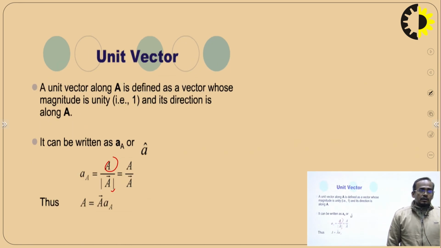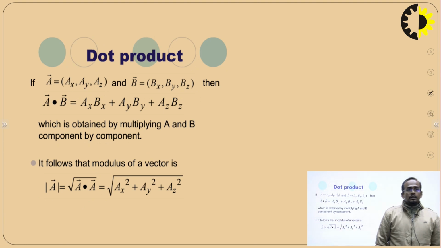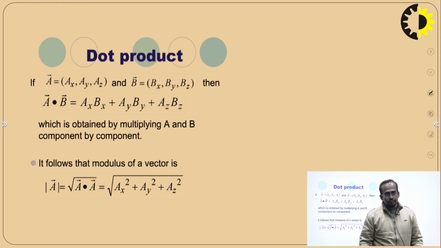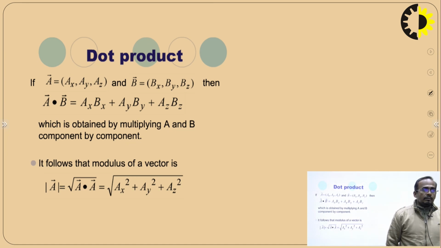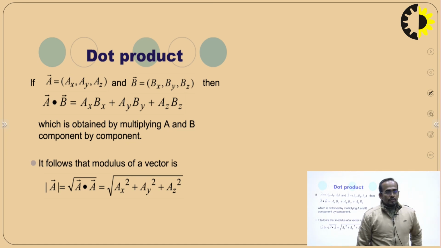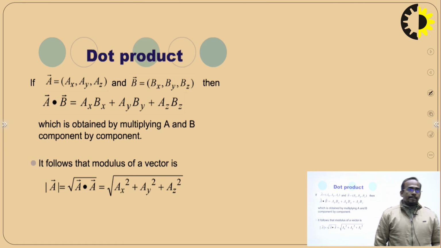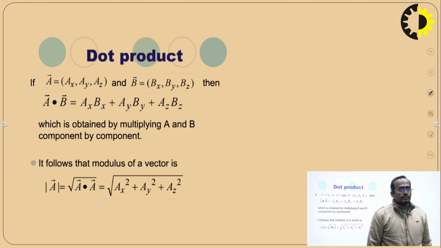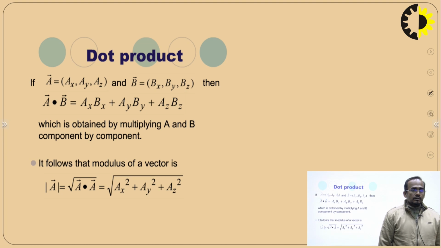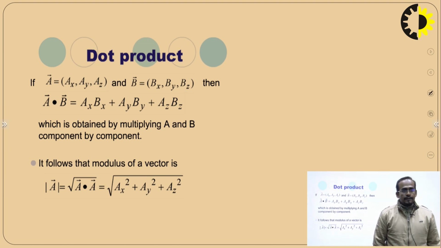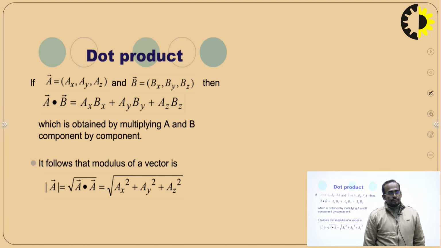Now coming to the multiplication of vectors. We can multiply vector quantities in two ways, that is dot product and cross product.